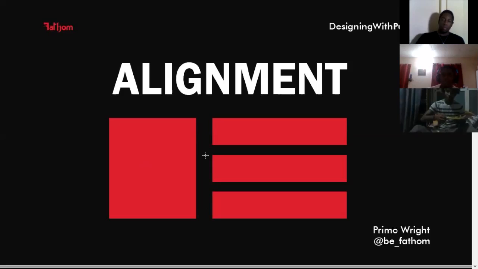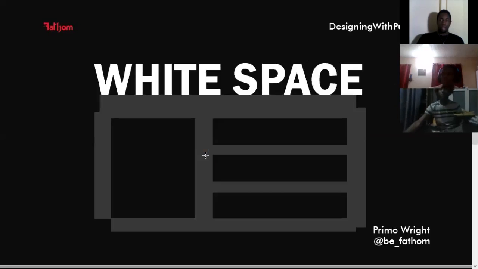All right, so another thing that makes layout great is something that you probably don't hear much about, and this is white space. When you speak about white space, we're not necessarily talking about the color white. We're basically talking about the negative space around the design.